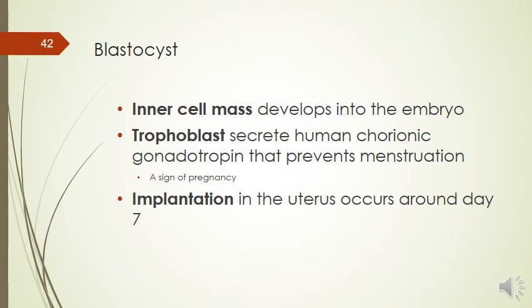In the blastocyst, there's an inner cell mass which actually develops into the embryo. The trophoblast portion secretes human chorionic gonadotropin that prevents menstruation, and this is a sign of pregnancy. And then we have implantation in the uterus, which occurs around day 7.